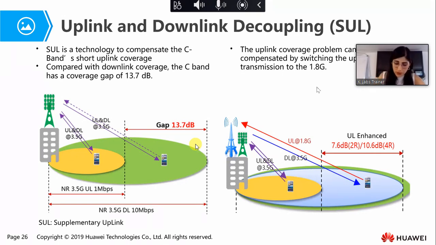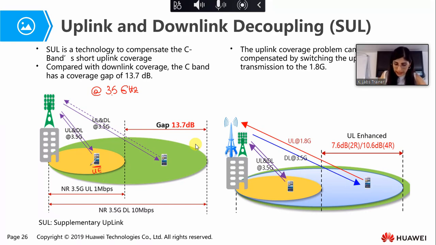Let us suppose we are transmitting and receiving our signal at 3.5 gigahertz. If our user equipment is close to our base station, we have no problem, neither in uplink nor in downlink. We can transmit or receive signals at 3.5 gigahertz.